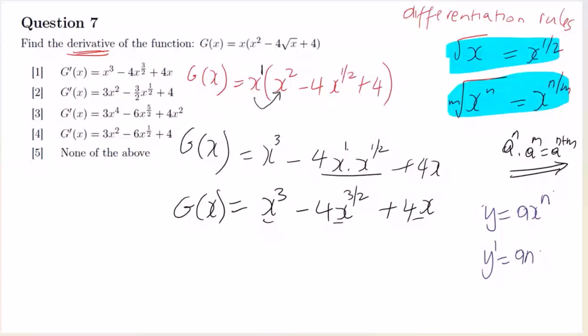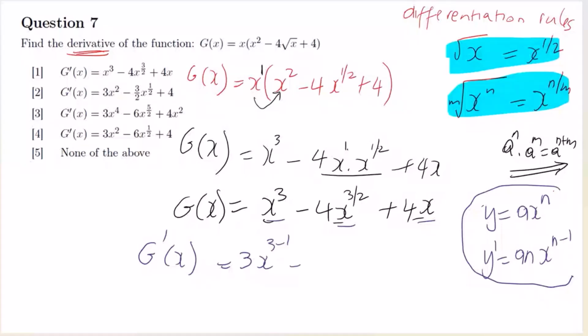I'm going to say g prime of x is equal to, because this is a power function, 3x to the 3 minus 1, minus 4 into 3 over 2, x to the 3 over 2 minus 1, plus this is just equal to 4. We don't need to go deeper here. So you're going to have 3x squared, minus this 2, which is going to be equal to 6x.